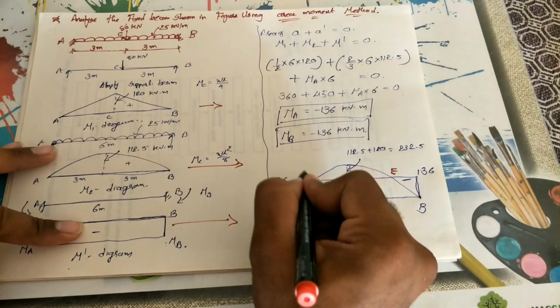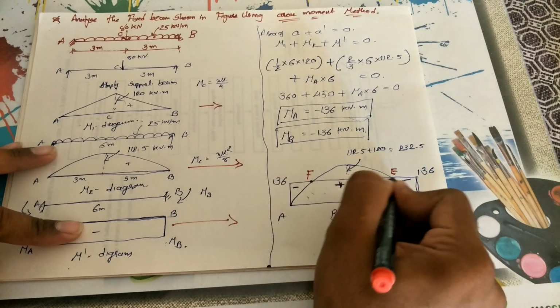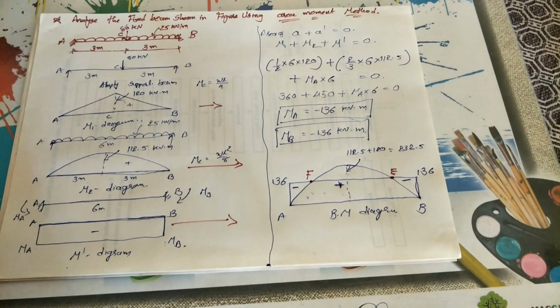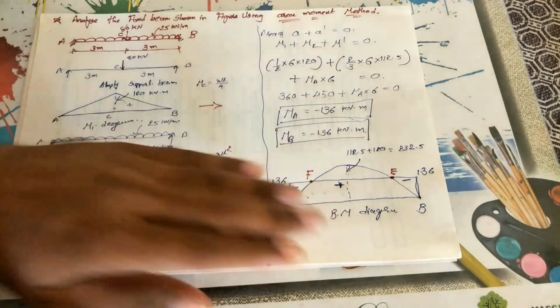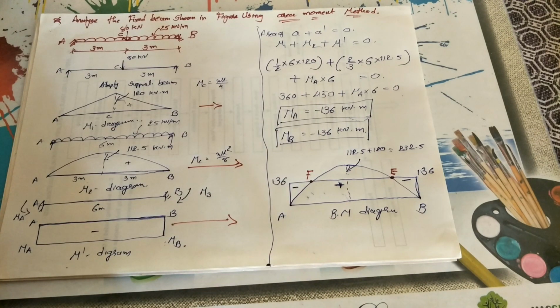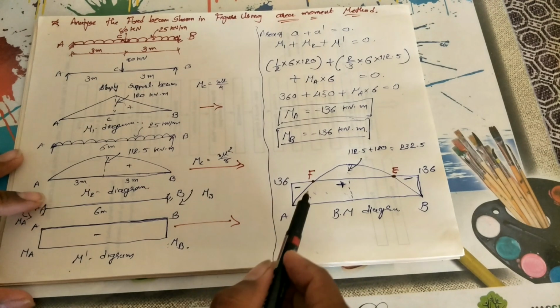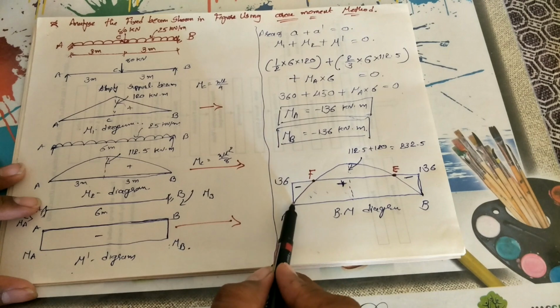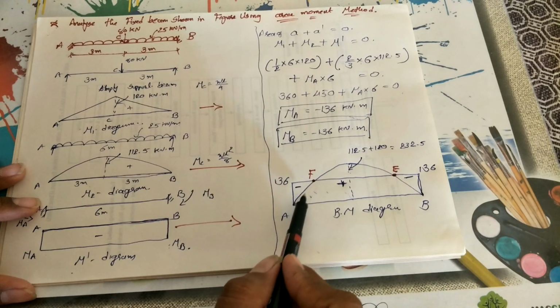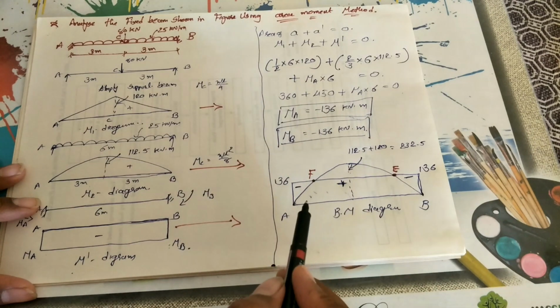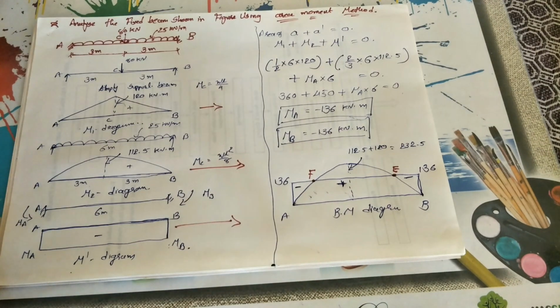So we have these values, let us say E and F. Now we have all the distances and loads. If I want to calculate at which distance my bending moment will cross the line, that is the point of contraflexure.